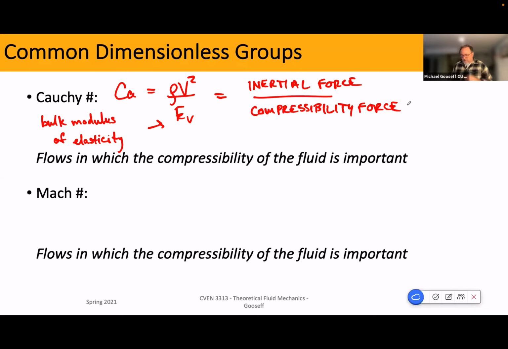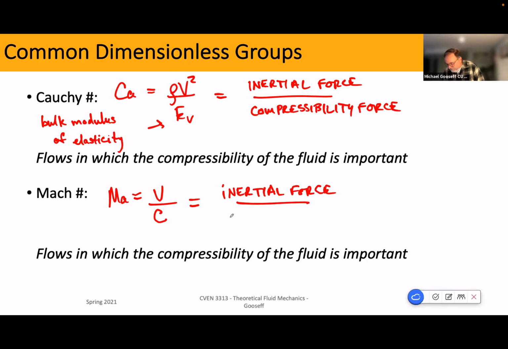Flows in which the compressibility of the fluid is important. And then the Mach number we talked about a little bit yesterday, Ma, is equal to a velocity divided by the speed of sound. In this case, we interpret that as, again, inertial force relative to a compressibility force. And that comes back mostly to gases.